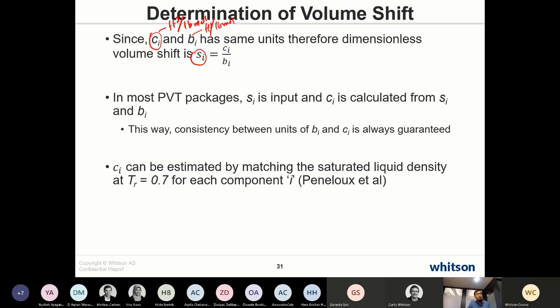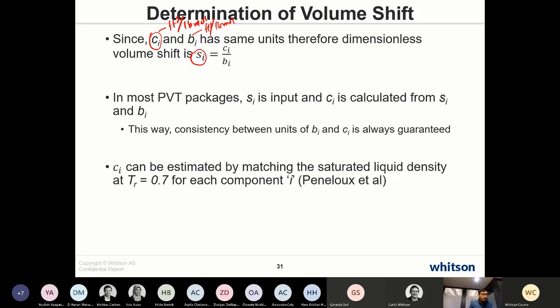The advantage of using the value of S instead of C is that you don't have to care about what unit system you should use for the value of C. It is a dimensionless volume shift, and if you provide these values, it will automatically calculate the value of C based on the unit system you have used for B. So that's a quick advantage of S.